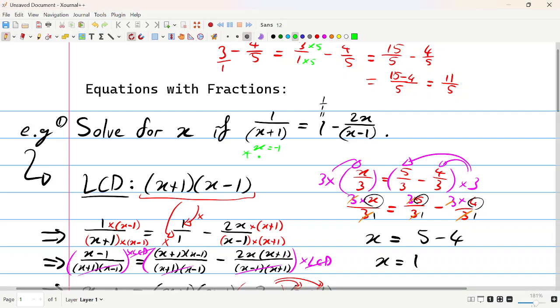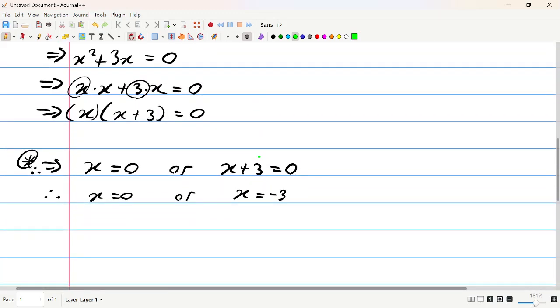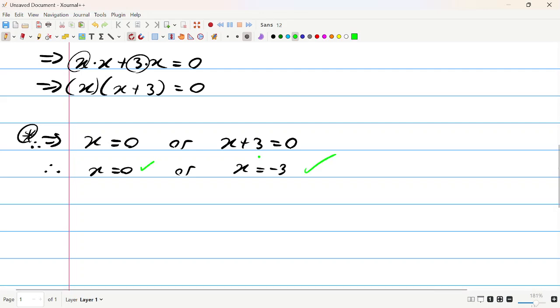And if x is equal to positive 1, it will also be undefined, because remember, the denominator cannot be equal to 0. So if we have x equals negative 1 or x equals 1, that is when we have to rule out that answer. But clearly, that is not in our solution set. We don't have that answer. So therefore, this will be our final answers.